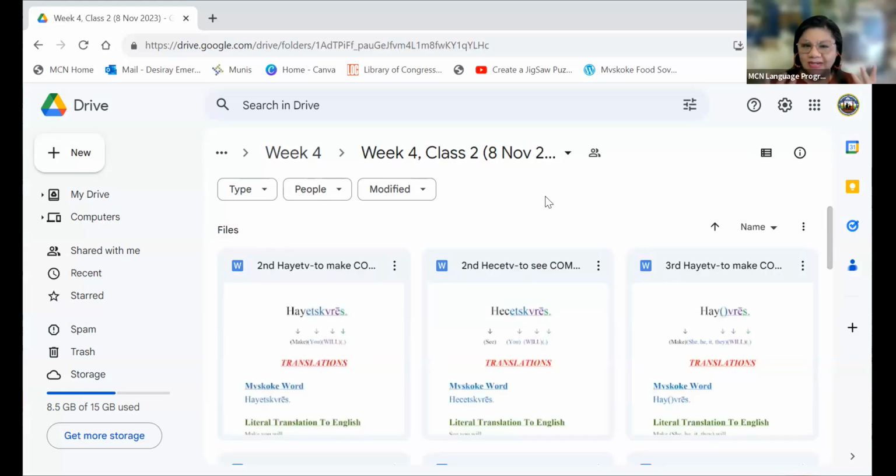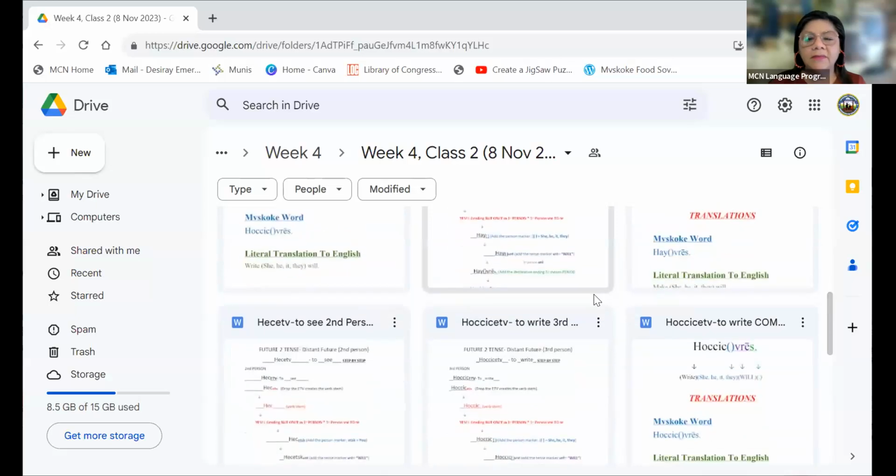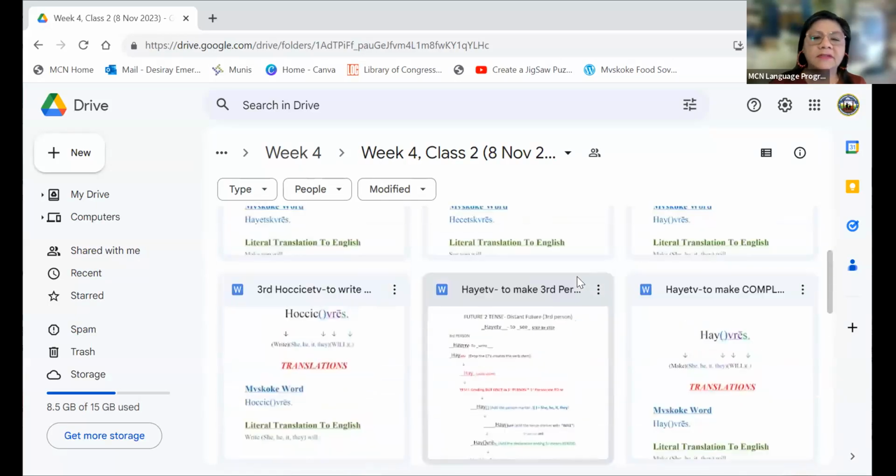So I'm trying to leave you guys the breadcrumbs of how you remember and how you can pick up on some of the words and the meanings and the exact translations, literal and English translations. All right, so when we were talking about, let me see if I can find it. Nope. I think I only did second and third person.